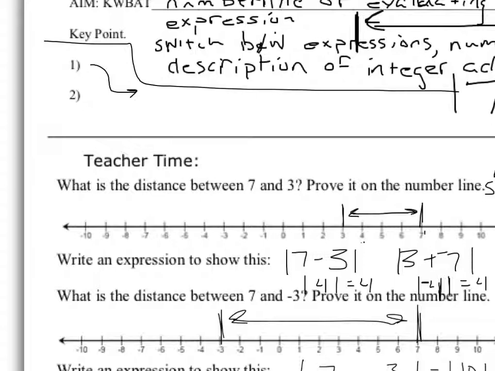Yeah, to find change or difference, this is our first key point. I'm going to use the delta, change or difference. I'm going to subtract. Really easy key point.